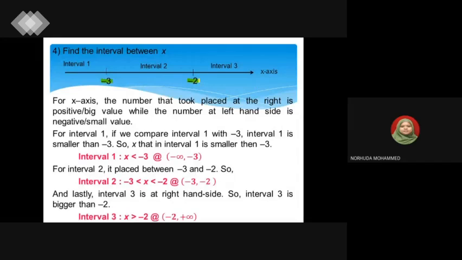Usually the bigger number sits on the right. For the x-axis, the number at the right is positive or a big value, while the number at the left is negative or a small value. Usually on the right we write positive infinity, and on the far left negative infinity.